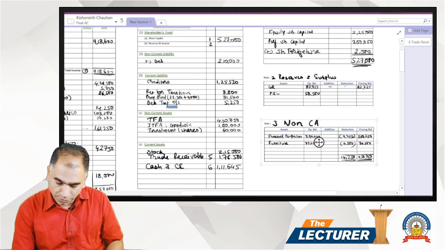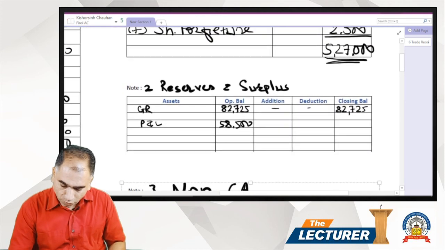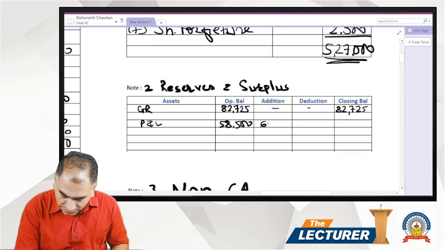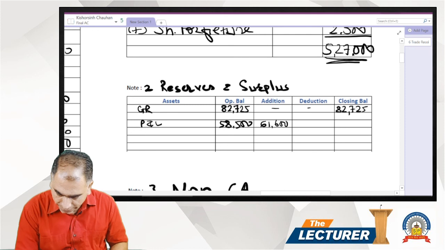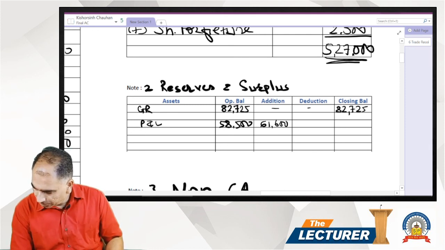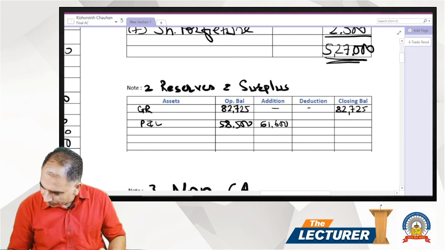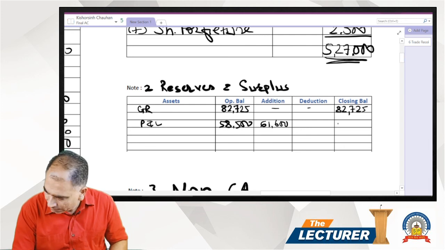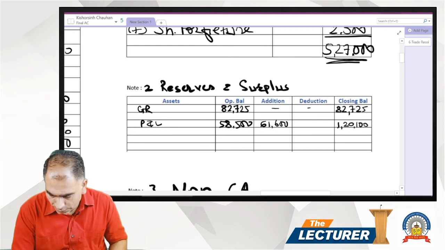We have schedule 2 reserves and surplus. Opening profit plus current year profit 61,600. So total is 1,20,100.